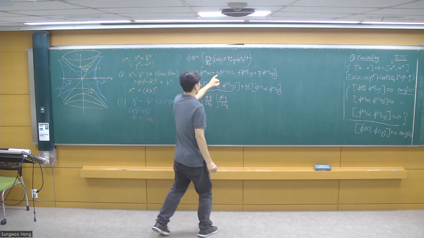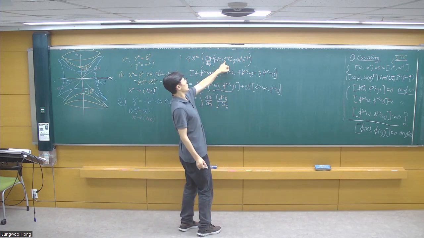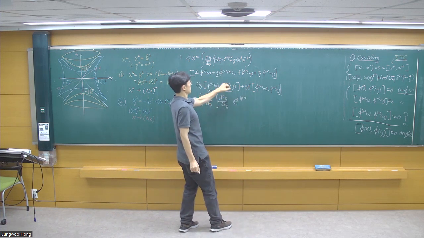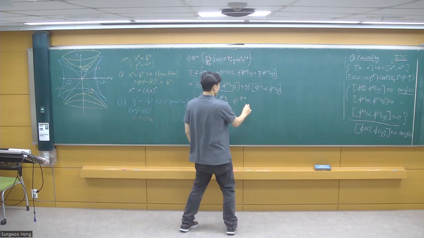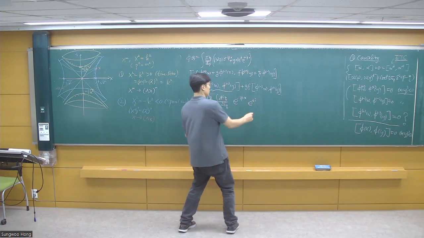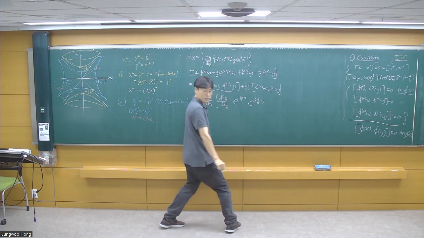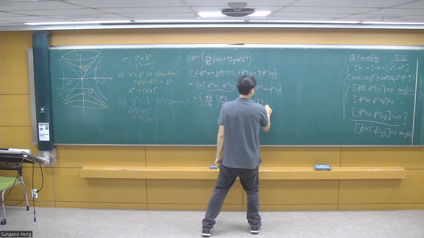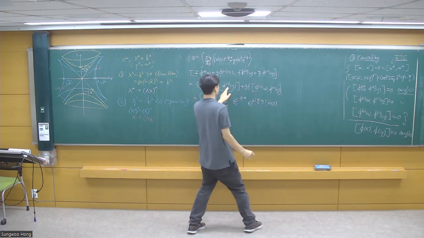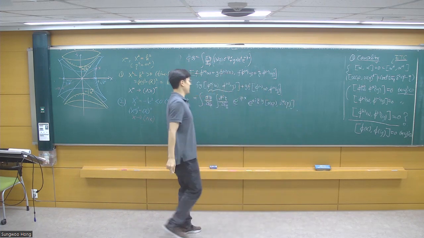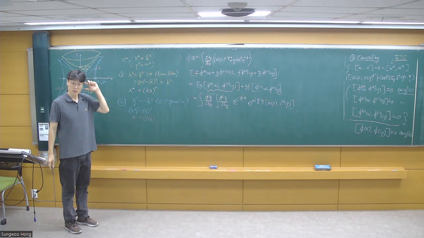Phi plus comes with e to the minus iP dot x, and phi minus comes with e to the plus i momentum, which is set to Q. The first is proportional to alpha of P, and the second is proportional to alpha dagger of Q. That is what I need to compute.